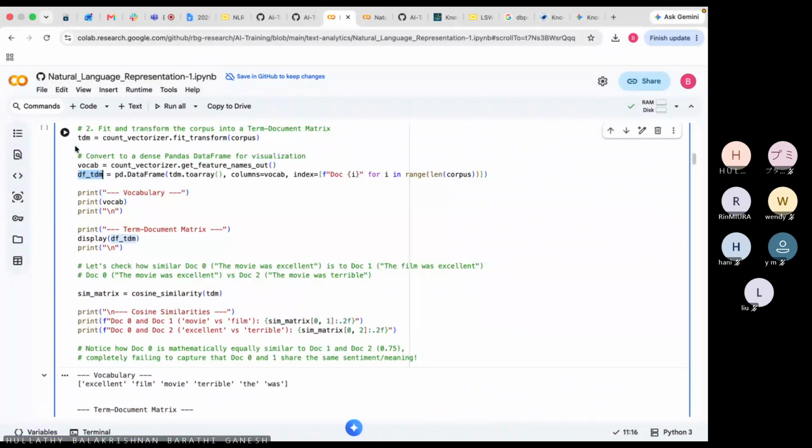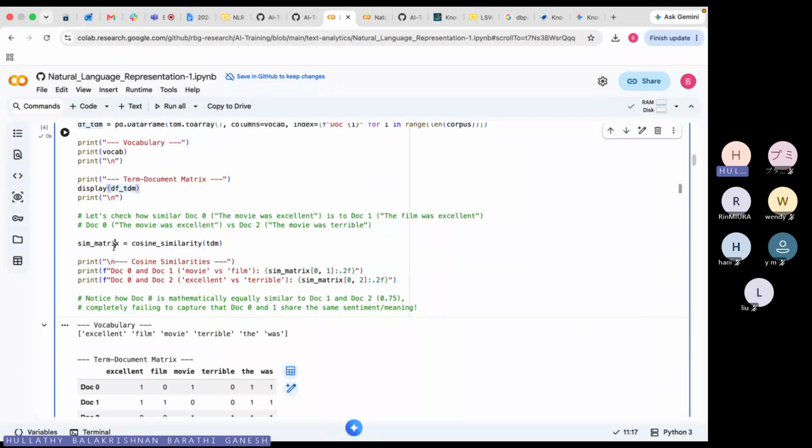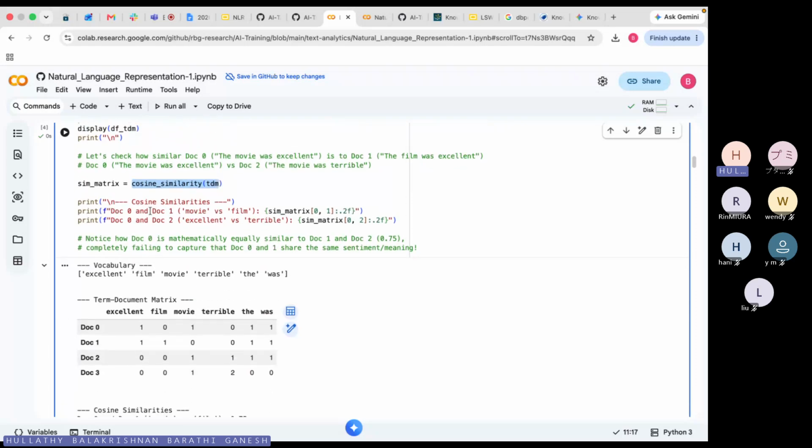After building that matrix, we are finding the cosine similarity on this matrix, doing the self similarity. From that, we are measuring the similarity between document 0 and document 1.